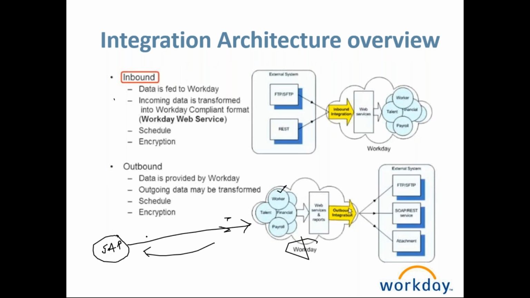They don't maintain for the same module, by the way, different modules. What happens? Your SAP will be dependent on Workday for your HCM information because you are maintaining the core HR information in Workday. You need to send data back to SAP and receive some information from SAP. You need to integrate the systems, right?